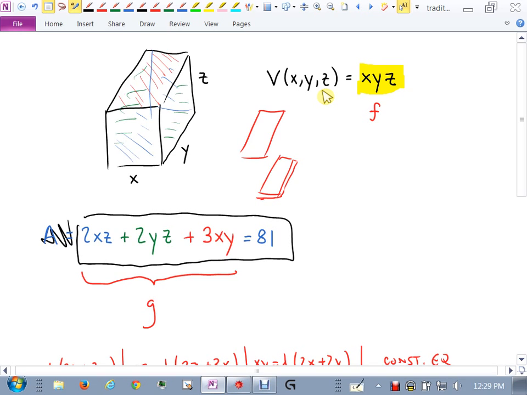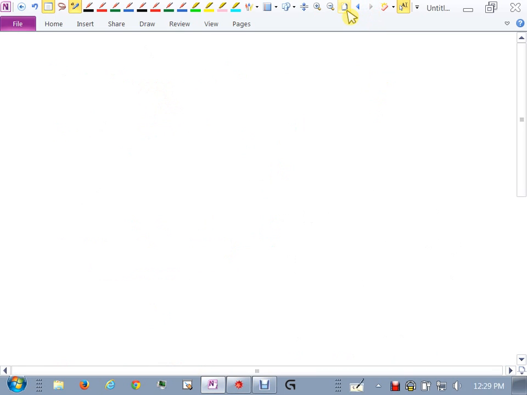So let's find our function that defines the distance between an arbitrary point, x, y, z, and the specific point here, which is the point (3, 1, -1). What is the distance between those 2 points?